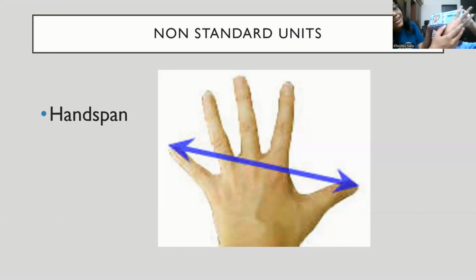One hand span and three fingers. But for me, it covers the complete length. The length is one hand span. So that's why hand span is considered a non-standard unit, because the unit is not fixed. It is different for different persons.